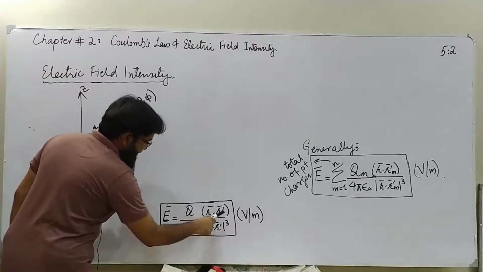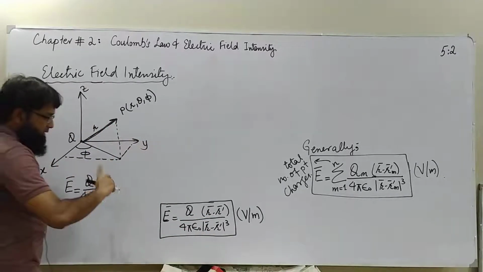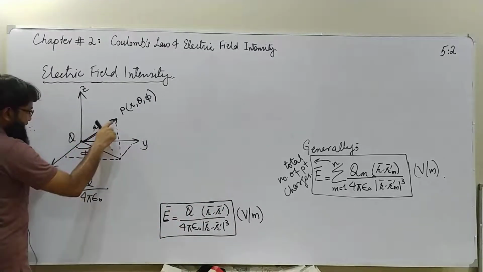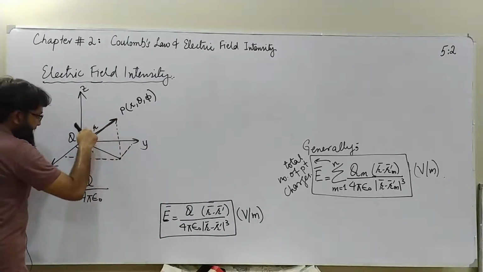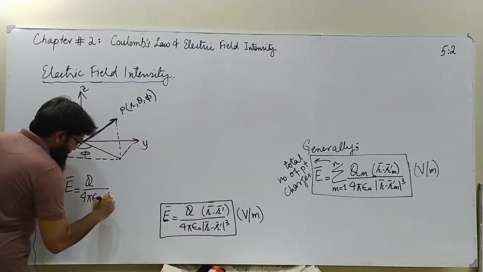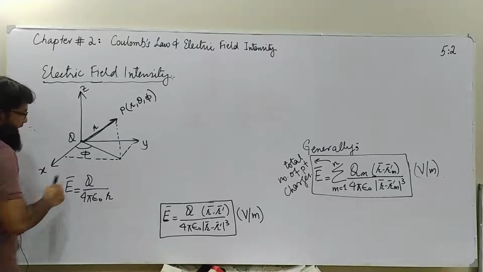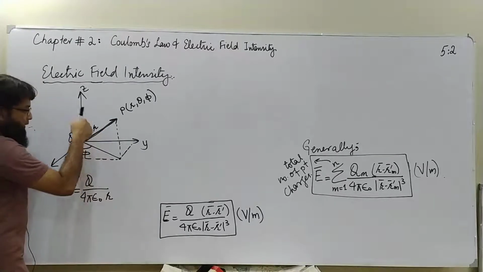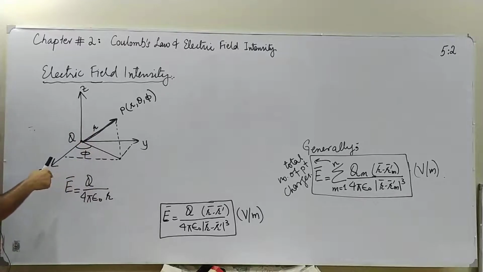R minus r prime is the distance between the source and the field point. The distance between the source and field point is what? Is small r now. So what we have is small r. Remember that this small r is not, right now, representing any position vector.